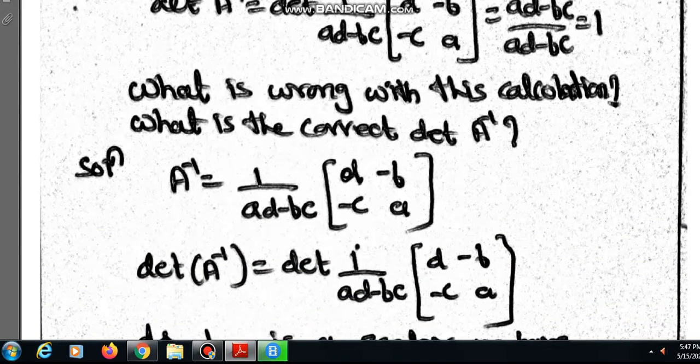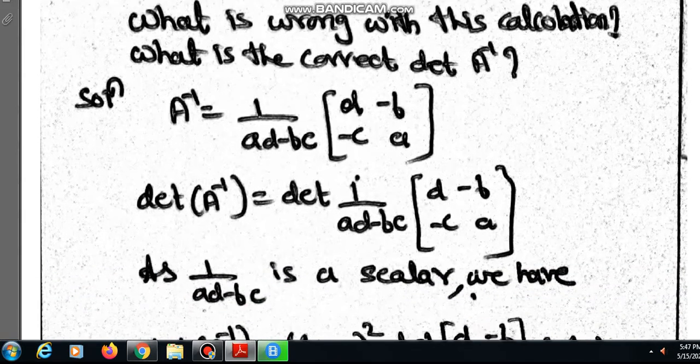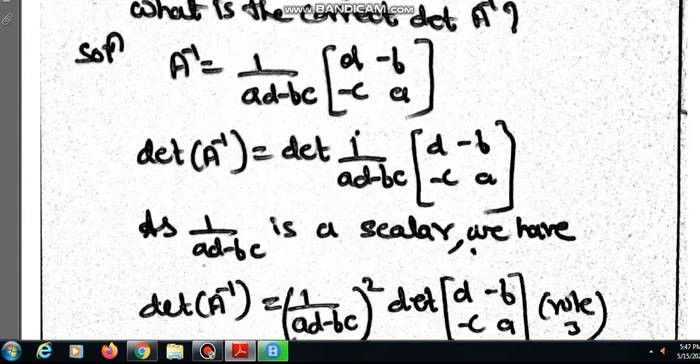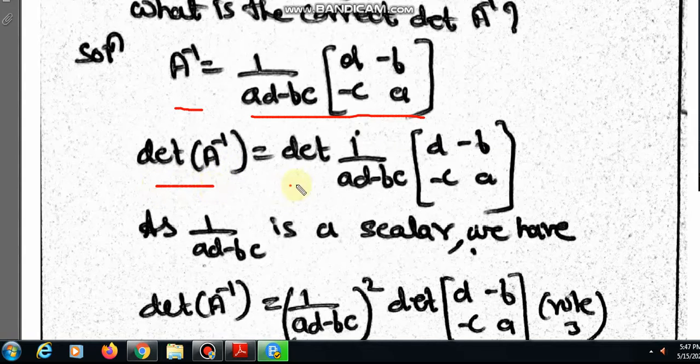You can see here what is wrong with that calculation I told you, and what is the correct determinant. Here I will show you that A inverse can be written like this according to the formula of inverse, and if I am taking a determinant on both sides, 1 divided by AD minus BC is a scalar quantity. It is applicable to both the rows of the matrix, even this row and even this row.